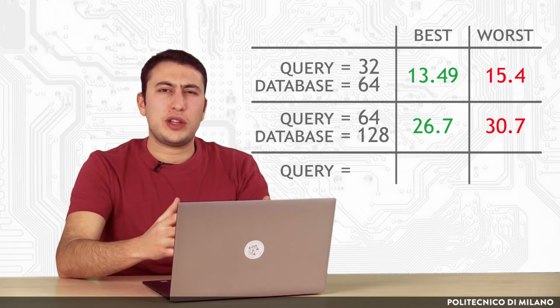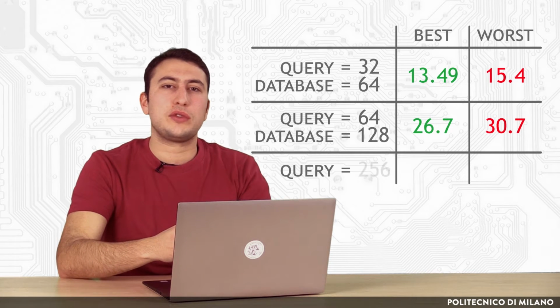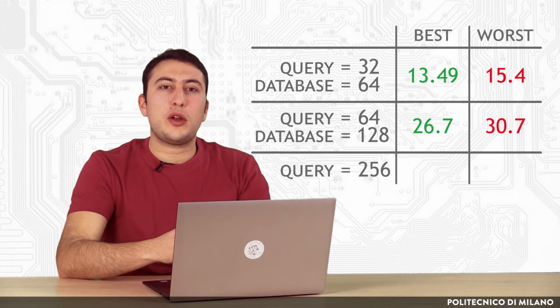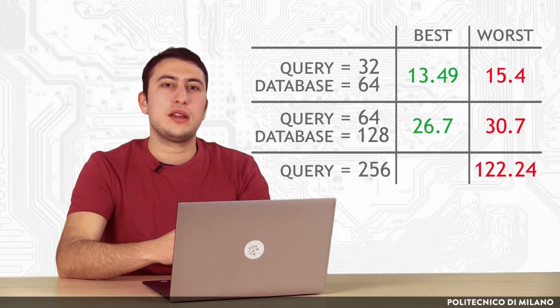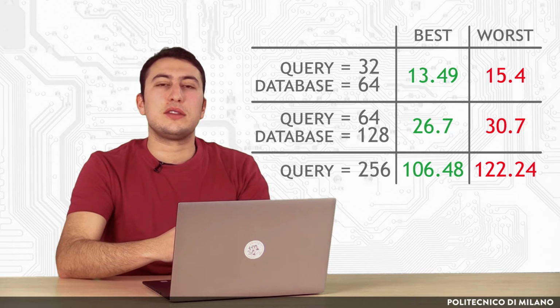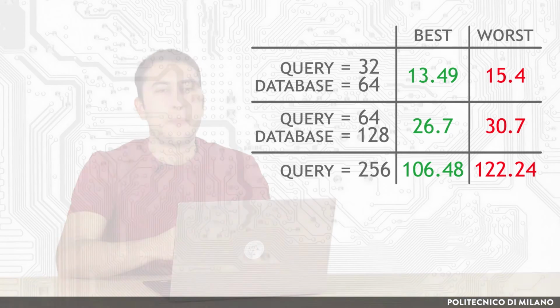Finally, if we try to implement the architecture with a query size of 256, we obtain an operational intensity of 122.24 in the worst case and of 106.48 in the best case.